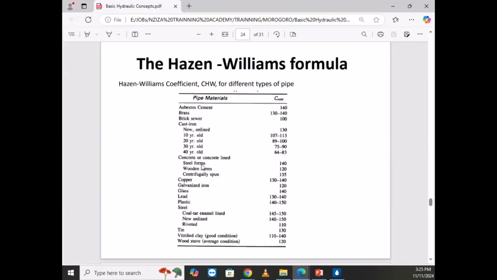Most of the time, for HDPE we use 140, for PVC we use 130, and for iron, those ductile iron, we use 120.